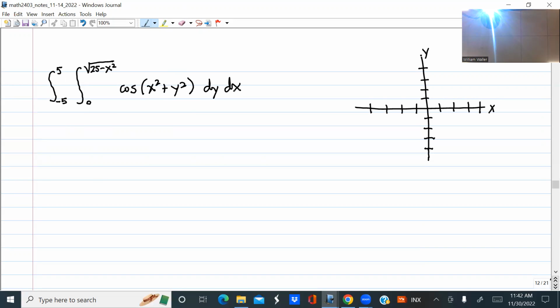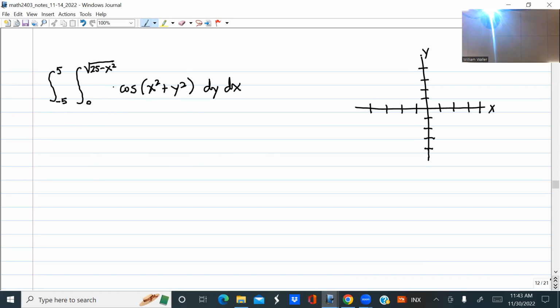So let's see if we can convert this now to polar coordinates. The place I would start is to try to figure out what the region of integration looks like.